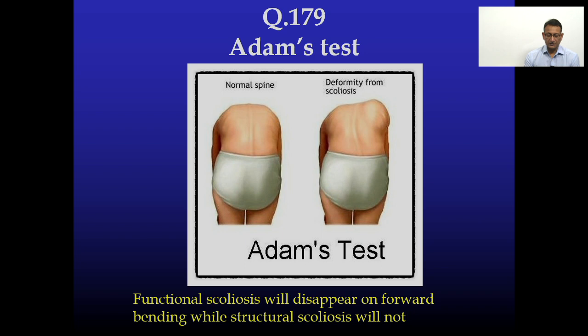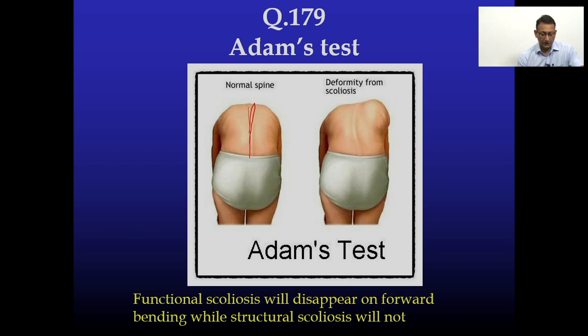And the Adams test is something which is done to differentiate between structural and postural scoliosis. Now we all know postural scoliosis is something which happens when, let us say, we have a shortening of one limb. Okay, so the pelvis will tilt and that will lead to scoliosis. So if we make the patient bend forward, if the scoliosis is postural, that will disappear, the spine will become straight.